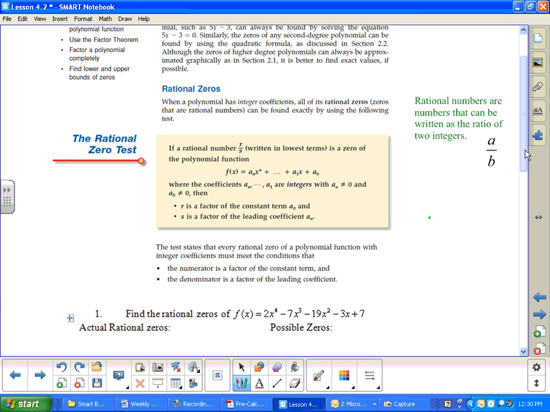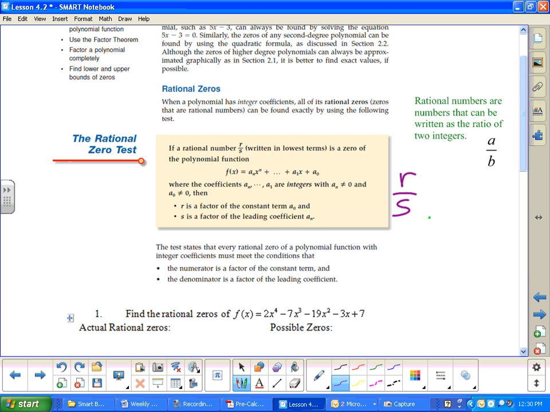In other words, they're using R and S, but if R is a factor of the constant term, a sub 0, and S is a factor of the leading coefficient, a sub n, you could have possible zeros of R over S. Where R is a factor of the constant term, S is a factor of the leading coefficient. And so R over S would be possible rational zeros. Okay?